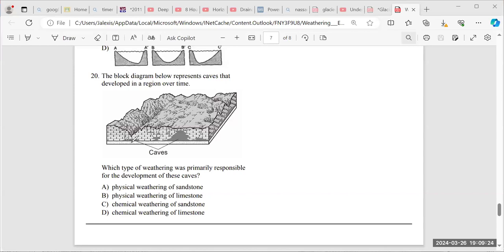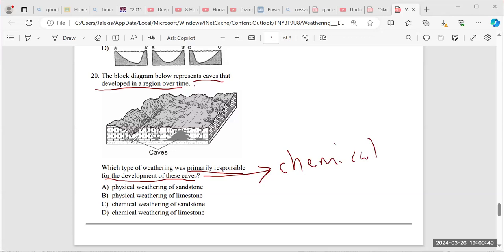All right, number 20 says the block diagram below represents caves that develop in a region over time. Which type of weathering was primarily responsible for the development of these caves? All right. So in an earlier part of our lesson, we talked about how caves and caverns were created because of the chemical weathering that occurred.